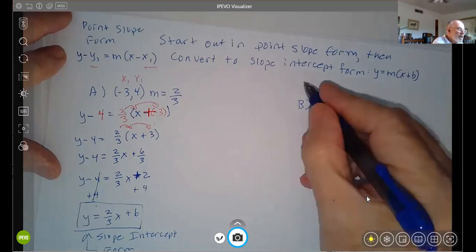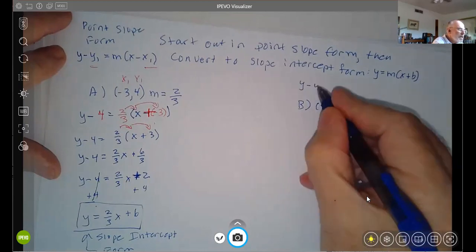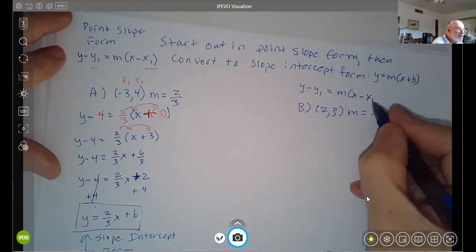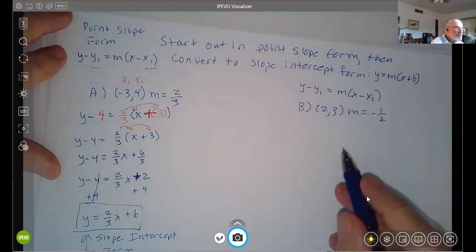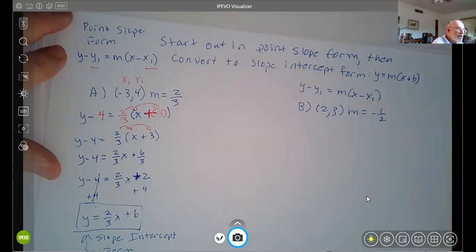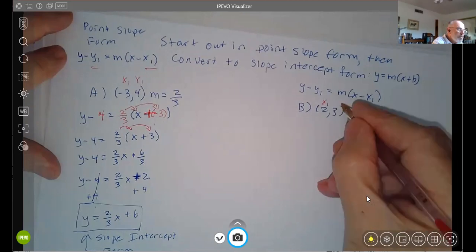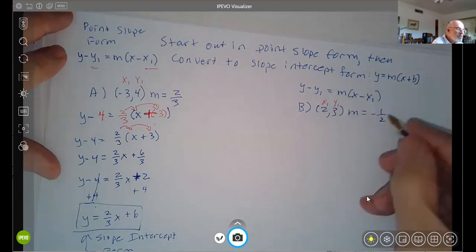So y minus y1 equals m times x minus x1. And so 2 is going to be our x1, 3 is going to be our y1, and of course this is our slope.